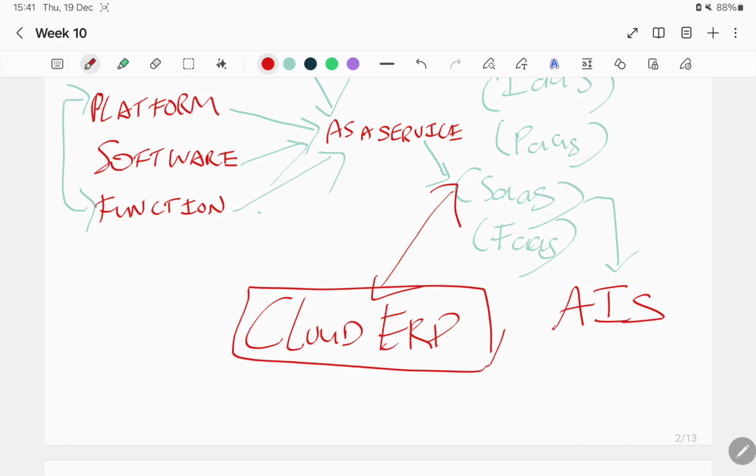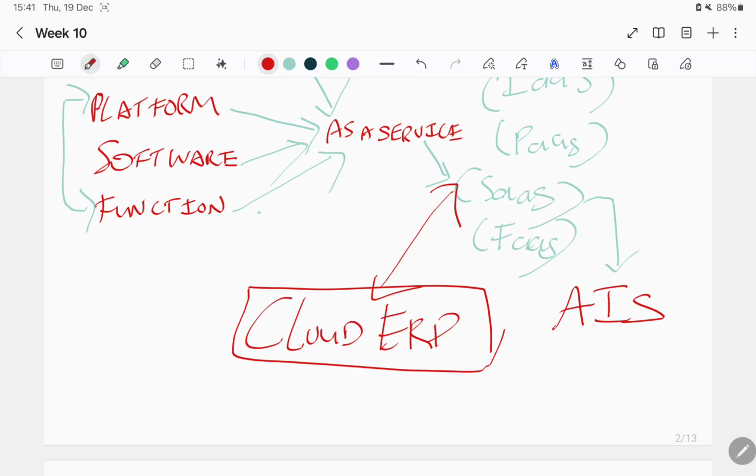A cloud system is the same as SQL, but it is in the cloud, which means you will log in through the browser. Very simple as that. So cloud ERP is the same thing. It means that the system is now in the cloud, which means you can access it through the browser. Is it okay?